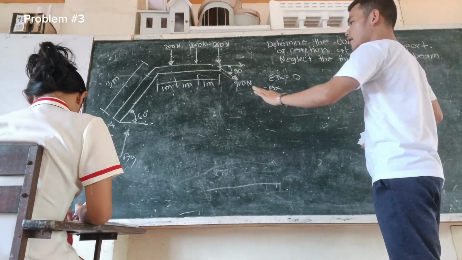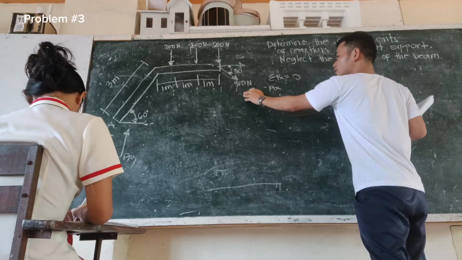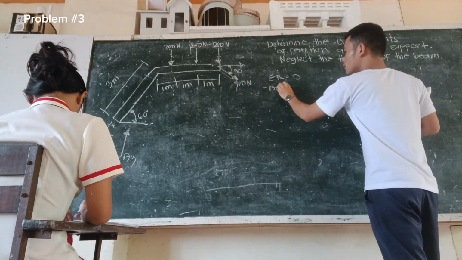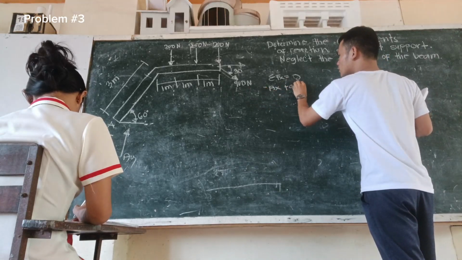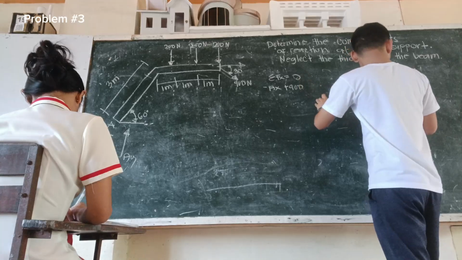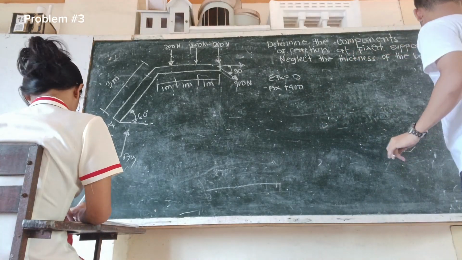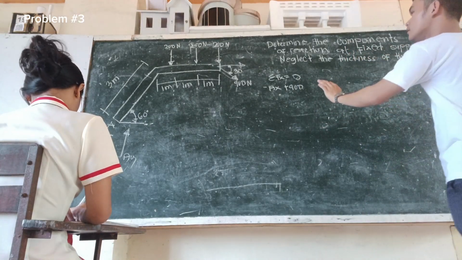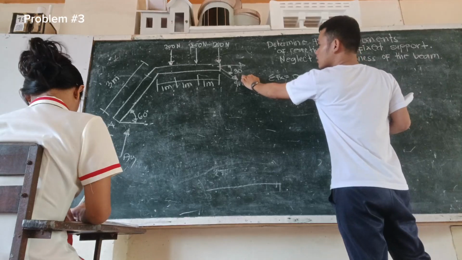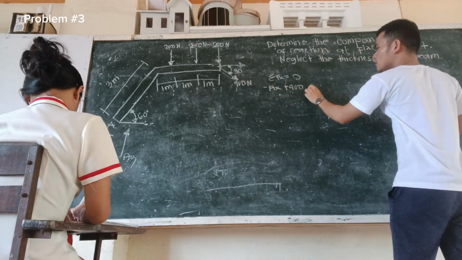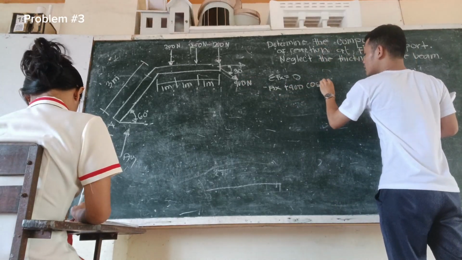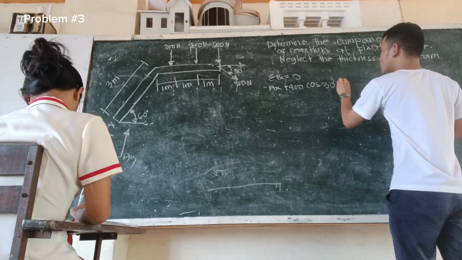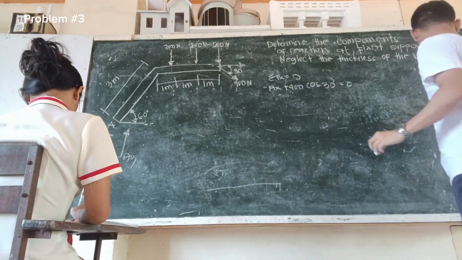So negative AX plus the force, the magnitude of 400 Newton cos 30 degrees is equal to 0.